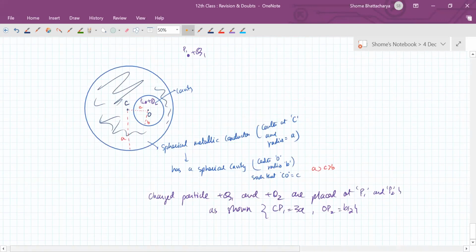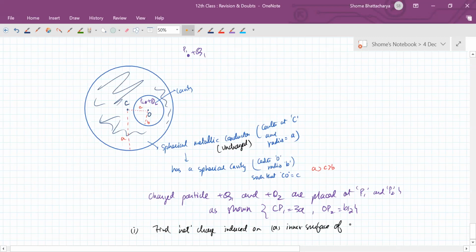Okay. So what we have to do now is we have to calculate. This conductor was uncharged. So first of all, find the net charge induced on the inner surface of the cavity, and the outer surface of the sphere.